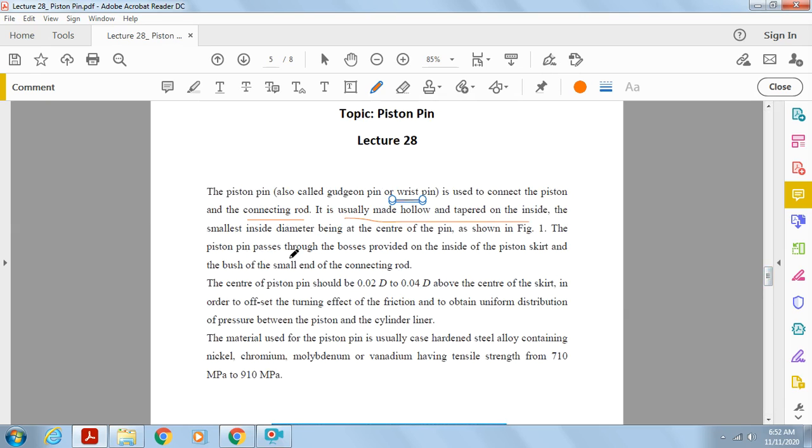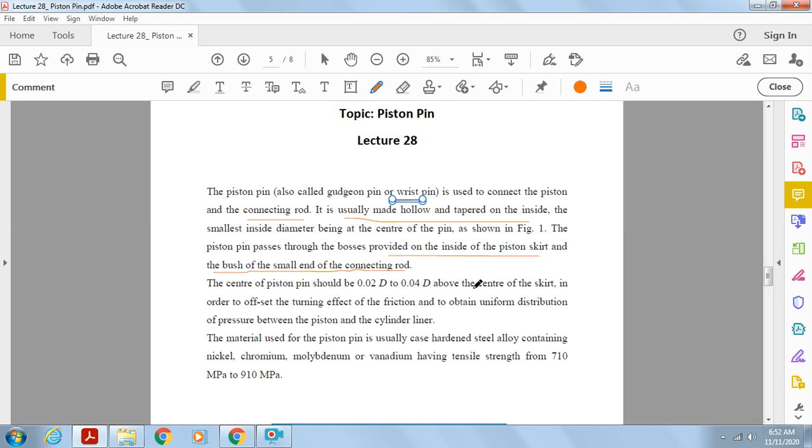The piston pin passes through the bosses provided on the inside of the piston skirt and the bush of the small end of the connecting rod. So you can see how the connection has been established between the piston and the connecting rod.